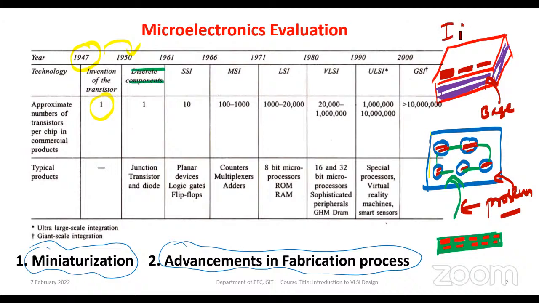Therefore this is called the IC approach. In this IC approach, we can place more devices in a small area, which is evident in this table. ICs are classified into different types depending on how many components we can place.